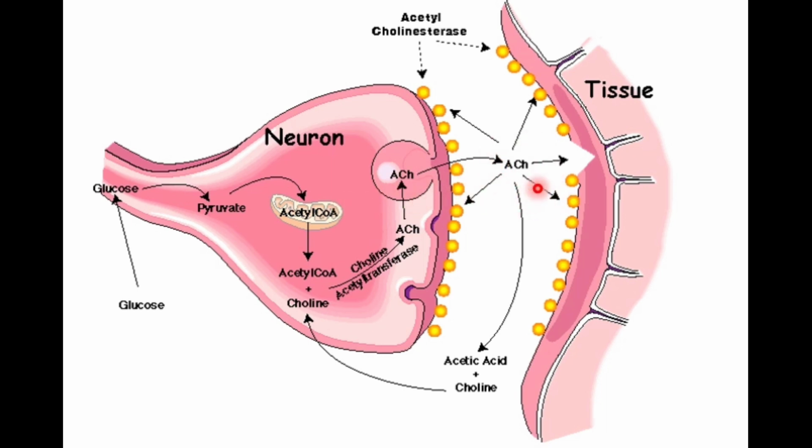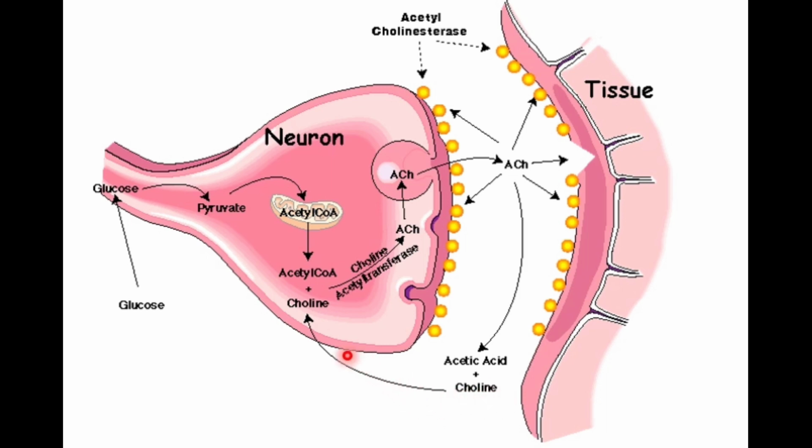Acetylcholine in the synaptic cleft reversibly forms complexes with the cholinoceptors. The enzyme acetylcholinesterase in the synaptic cleft quickly hydrolyzes acetylcholine to form choline and acetic acid.